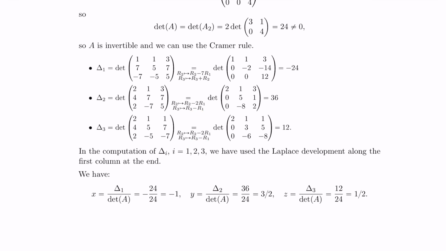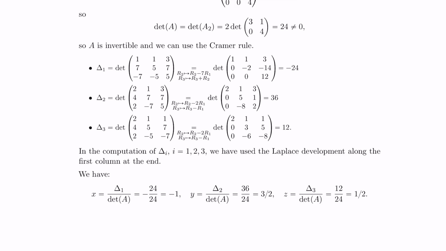As you can see, we obtain matrices with a column that is quite easy because there are two zero entries here, and so the determinant will be just 2 times the determinant of this matrix here for delta 2, which gives 36, and 2 times the determinant of this matrix for delta 3, and the result is 12.